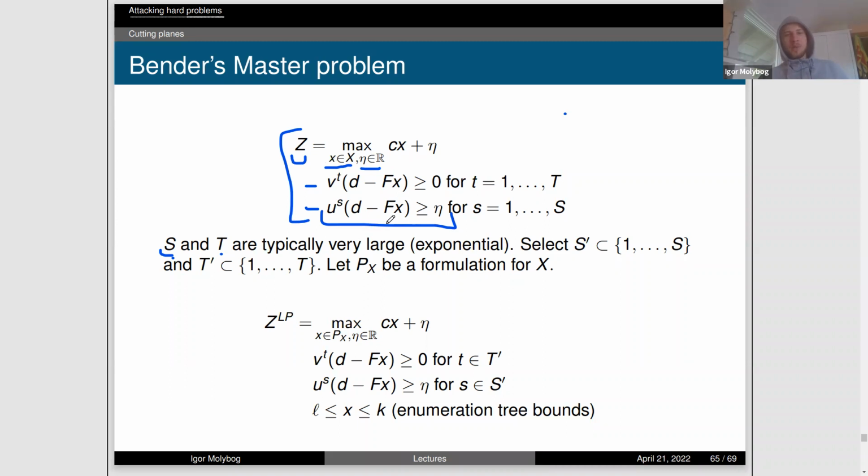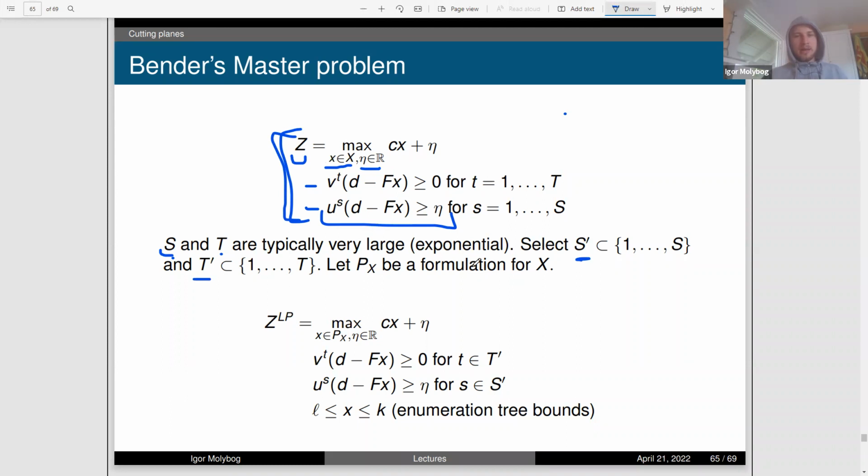us to solve. Therefore, instead of solving this problem as it is, we will select subsets S' and T' of the original sets of inequalities from 1 to capital S and from 1 to capital T, and let PX be a formulation for the set capital X. Then the linear programming relaxation of the original problem that we will consider from now on can be written down as follows.